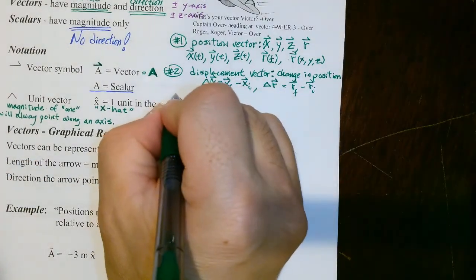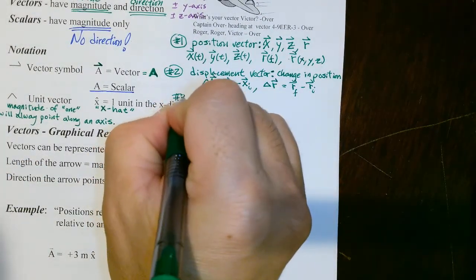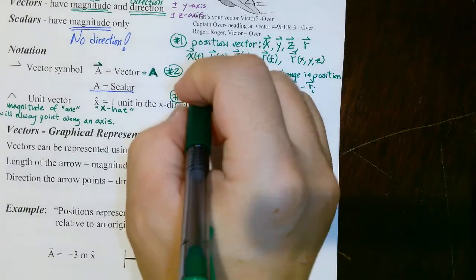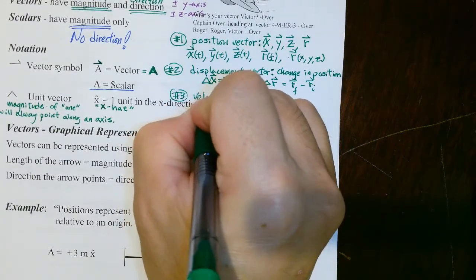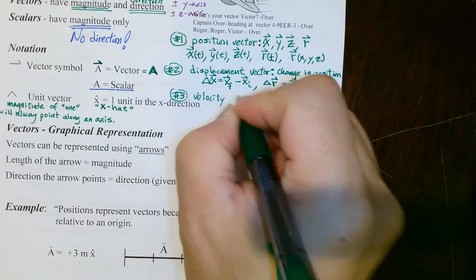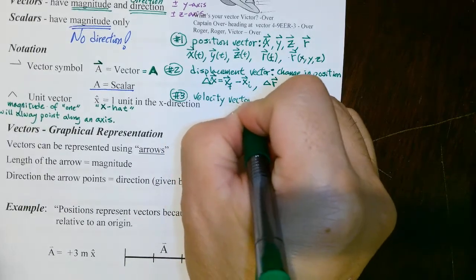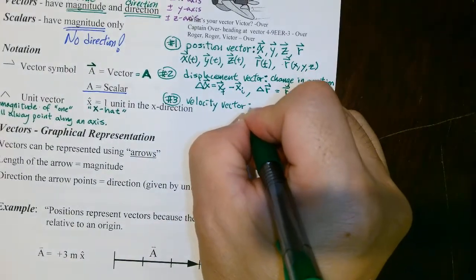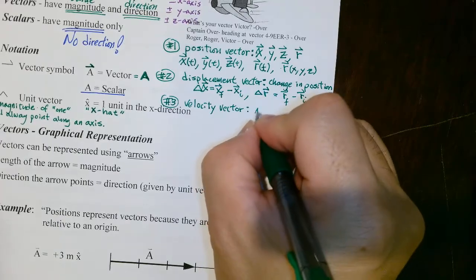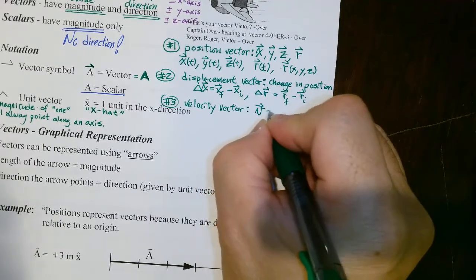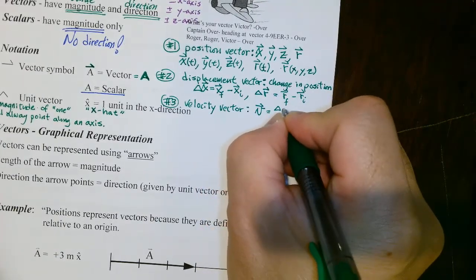Then the third one is the velocity vector. And the velocity vector is simply change in position.